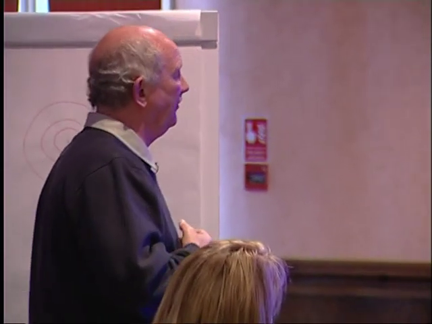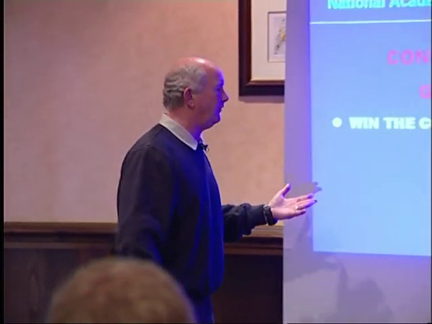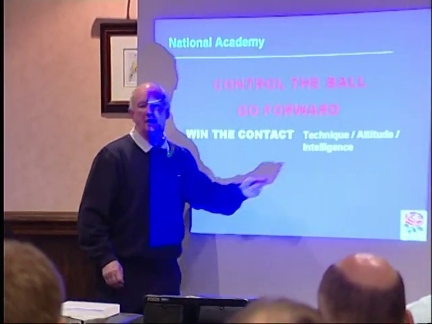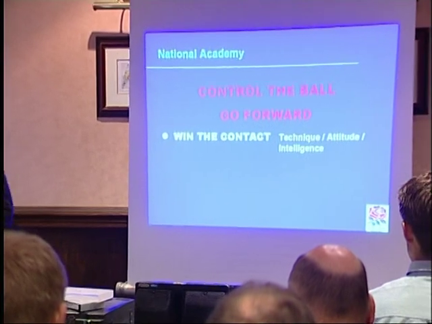And the two elements here that we were really focused on were, number one, we've got to win the contact area, obviously. But instead of just saying we've got to win the contact area, we've got to say, how are we going to win it? And there were 3 elements that we developed. First of all, technically, every player's got to be really competent in the contact area.